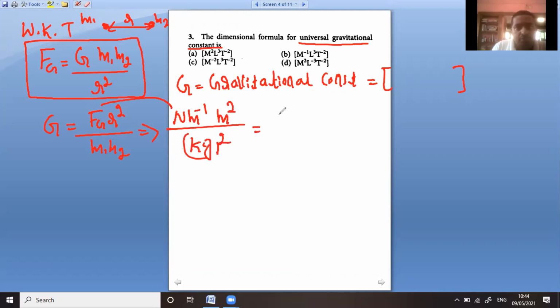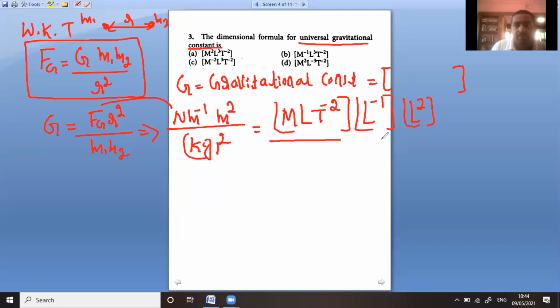So Newton force in dimensional formula is mass into acceleration, M L T minus 2, then multiplied by L square for meter square, divided by M square.